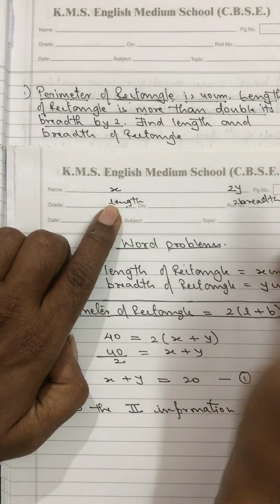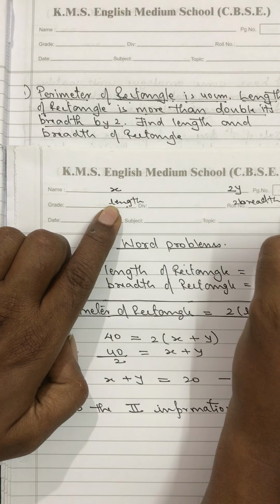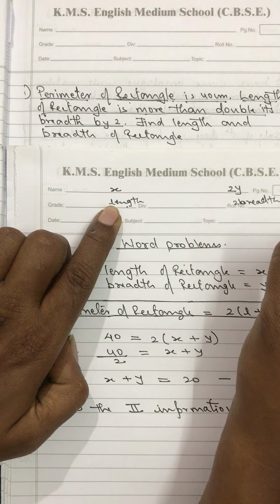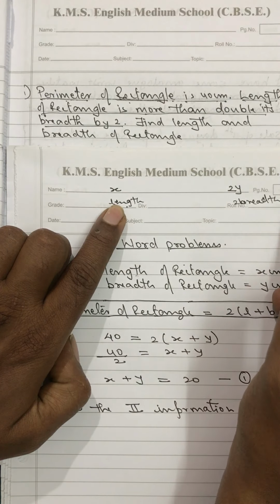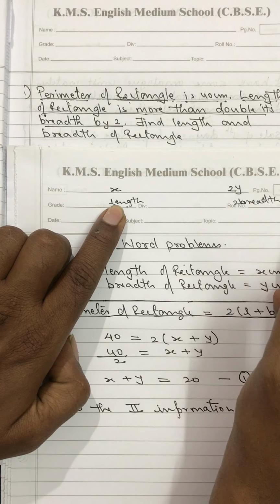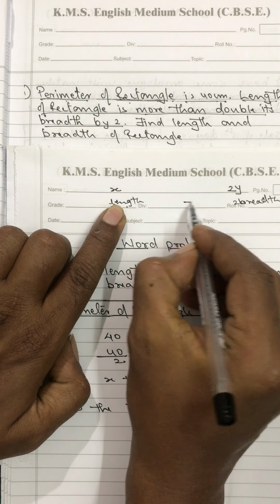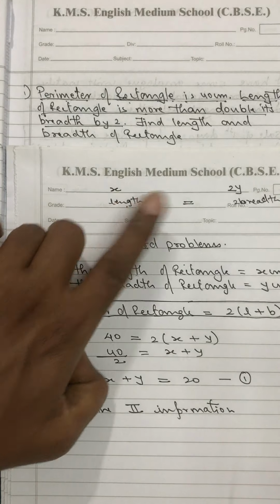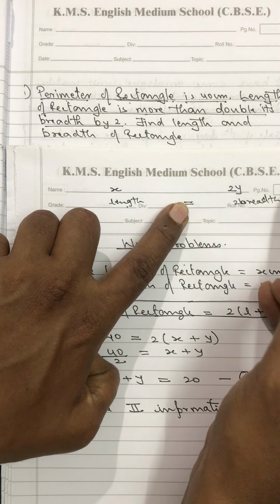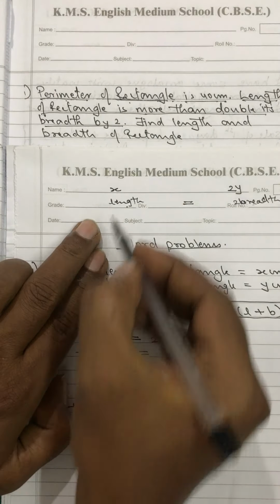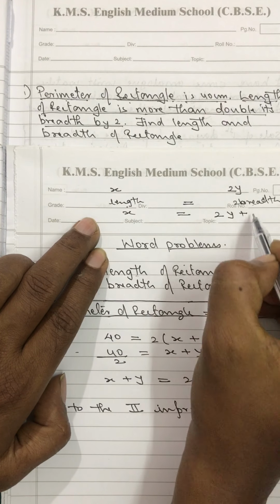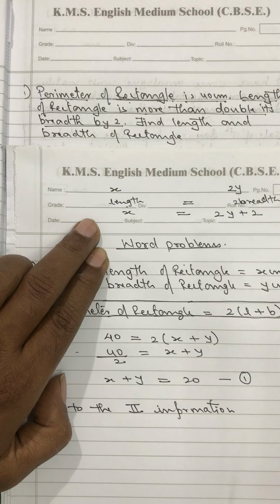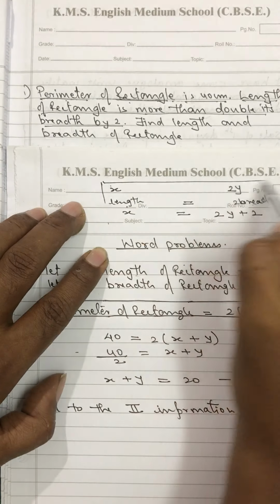So when this length is 2 more than double its breadth, now they are going to be equal. Length is equal to 2 more than double its breadth. So this will be x is equal to 2y plus 2. This is going to be your second equation. These are the thought processes that you have to go through.